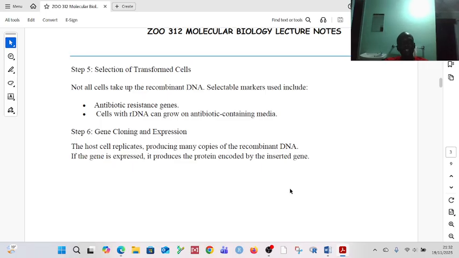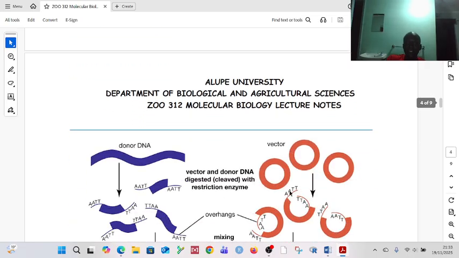So as cloning happens, that gene will also be expressed. In the process of expressing that gene, then the protein which is encoded by that inserted gene will now be produced. Once that protein is produced, then the function that comes with that gene will now be realized. Okay? Okay, let's have a look at a diagrammatic representation.